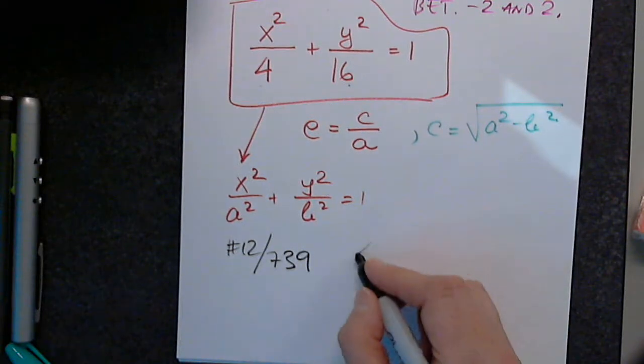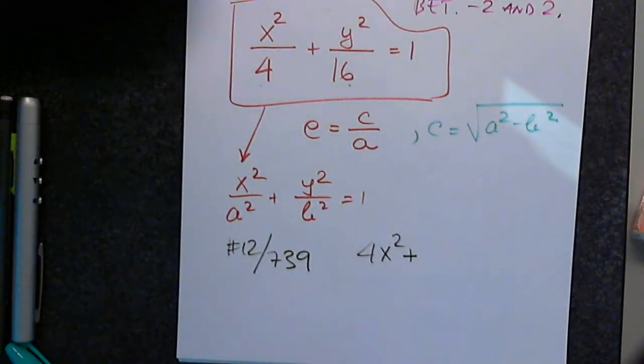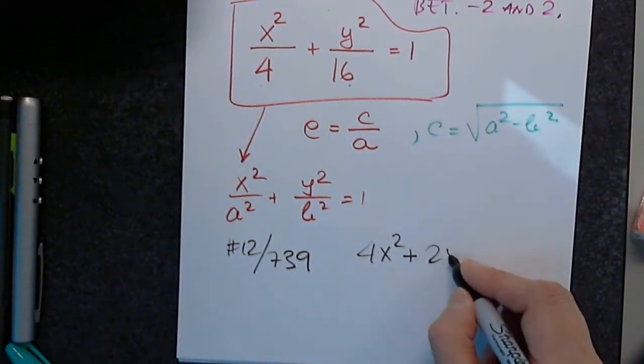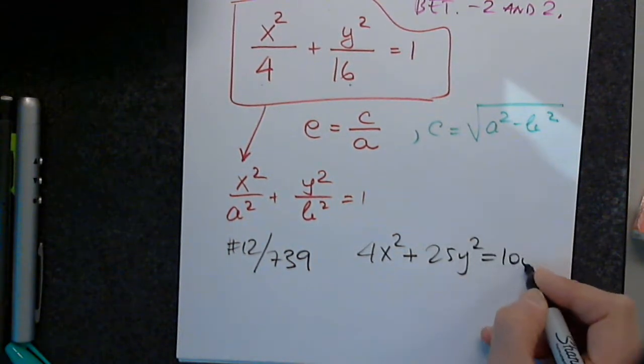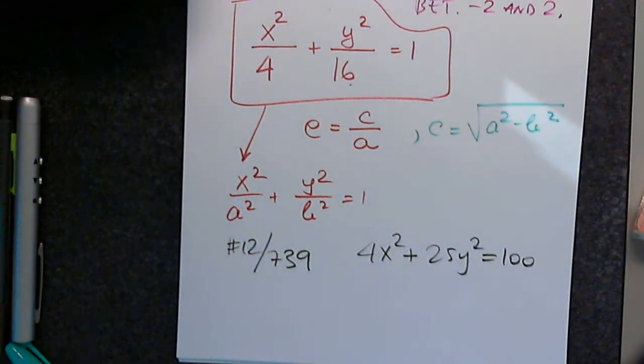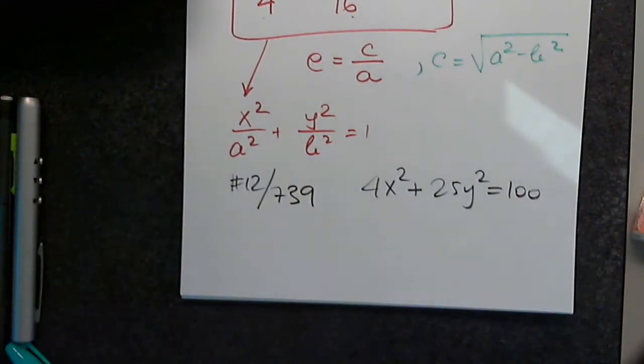So I have 4x squared plus 25y squared equals 100. They are asking us a lot of questions, but first of all, let's look at this ellipse and decide. Well, I said already it's an ellipse, but how do I know?